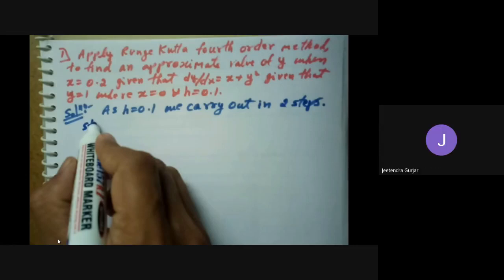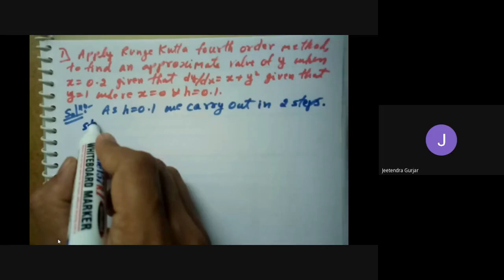Why do we carry out this in 2 steps, students? When we start the approximation, can anyone tell me what will be the initial approximation? Yes, x is 0.